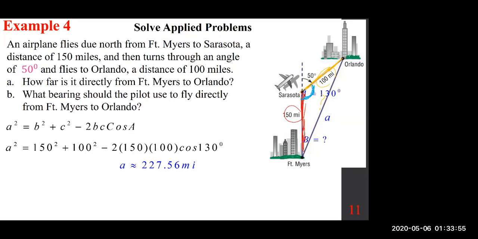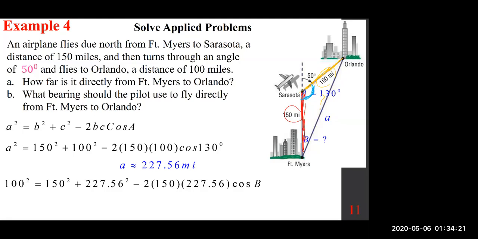So we do the calculation, class, okay? To find B, remember B is the included angle, if you will. And you go through the process. The opposite side, remember the opposite side is 100.